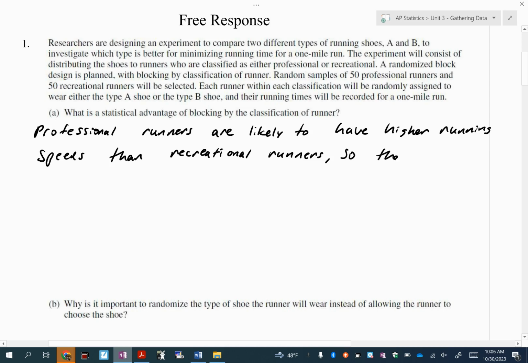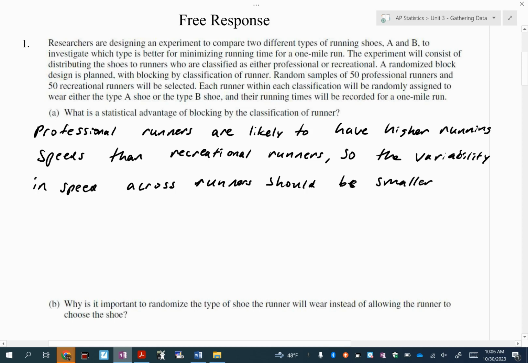so the variability in speed across runners should be smaller within each group than it is for the entire group.